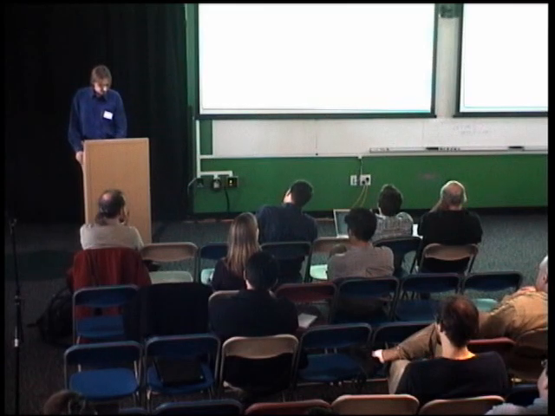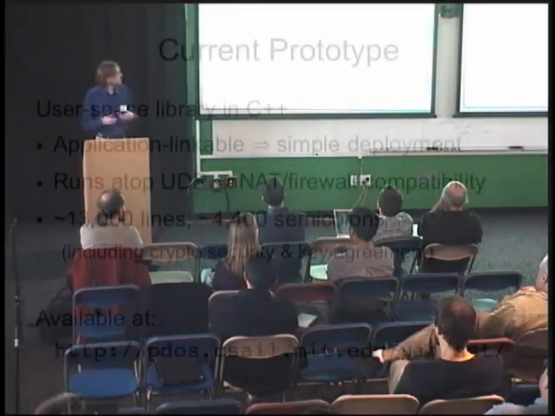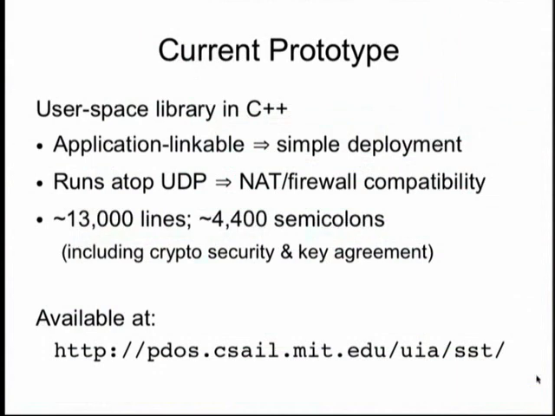So just to give an overview of the current prototype implementation, I've implemented a prototype in user space using C++. It's intended to be easily linked with existing applications and portable, for easy deployability and testing.